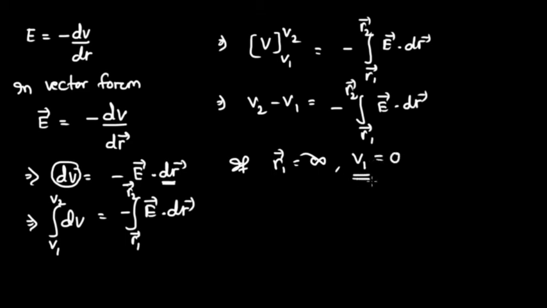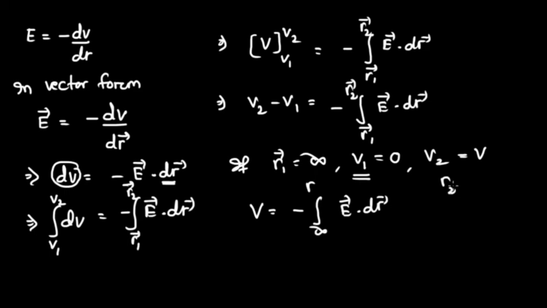So V1 is the potential corresponding to the initial position r1 vector. If we choose r1 vector equal to infinity, then V1 will be 0. So in that case I can put V1 equal to 0 and let us say V2 equal to V. So V is equal to minus integral from infinity to r of E dot dr.